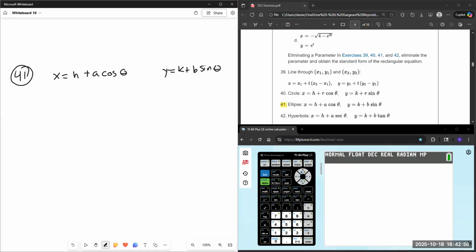In terms of theta, we want to write the standard form of these equations in the rectangular form.